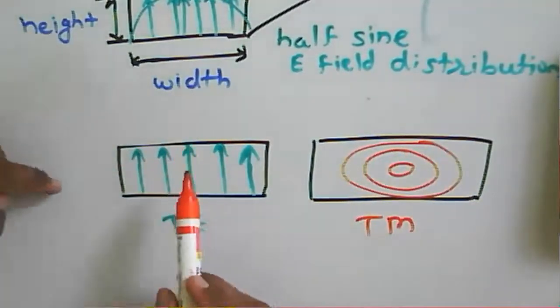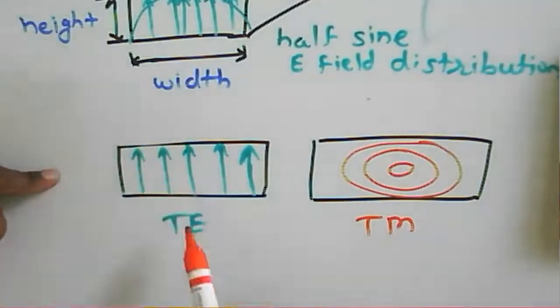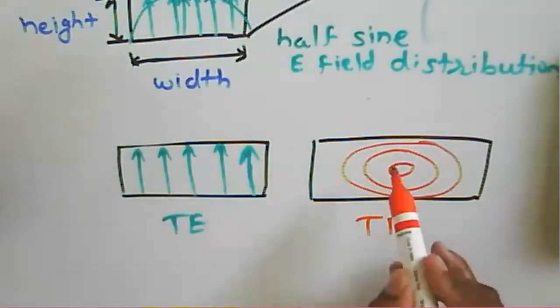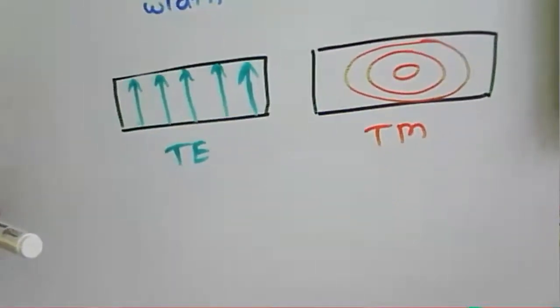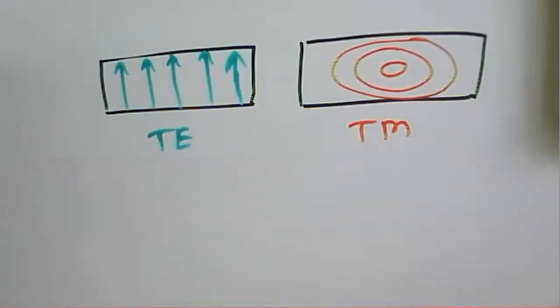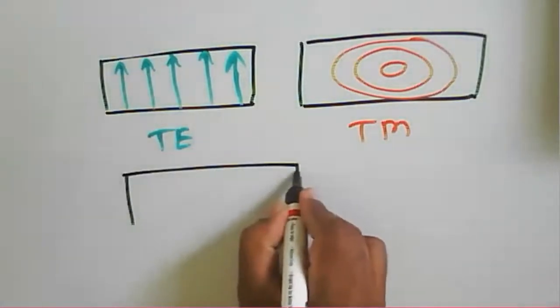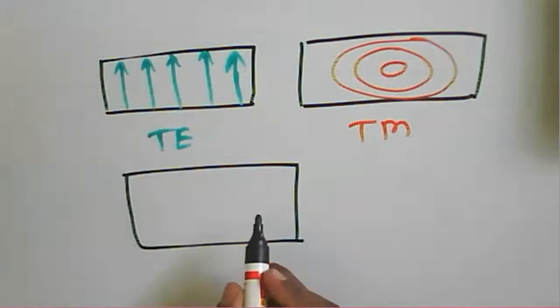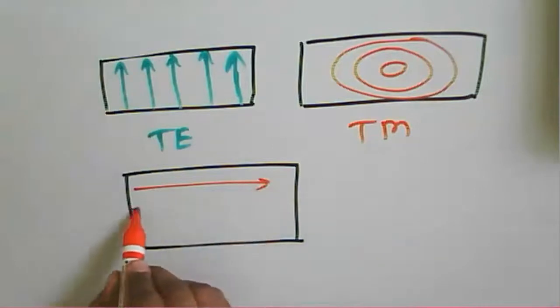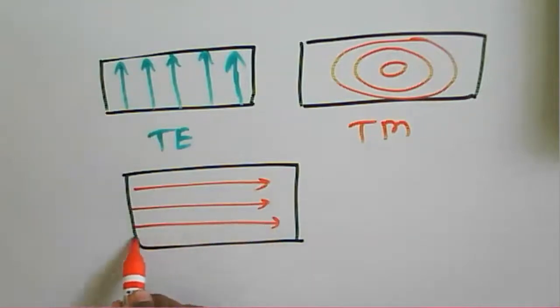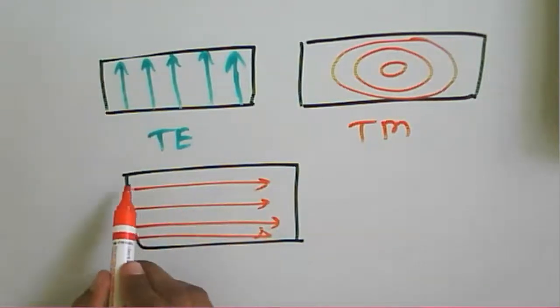Now if we consider the electric field to be vertical, then the magnetic field will be horizontal here. So we again define the field distribution components for the magnetic field. In that case, the magnetic field components are vertical in nature.